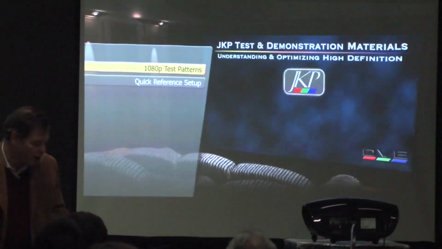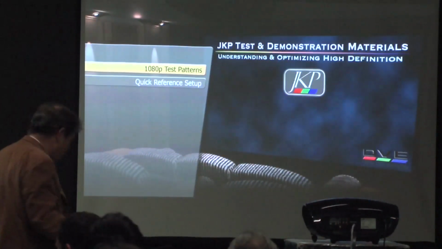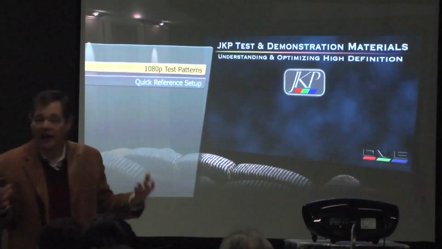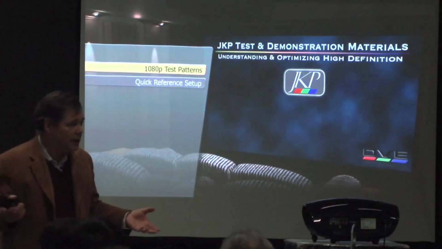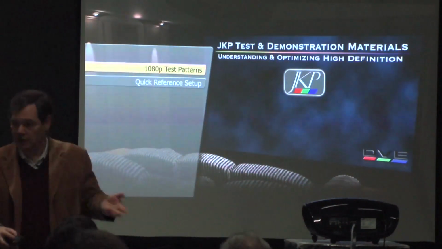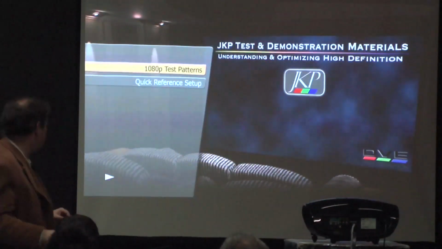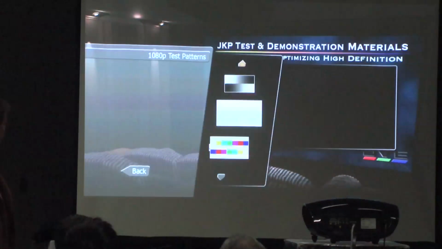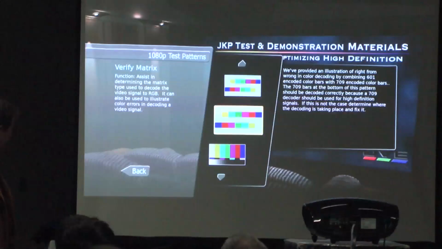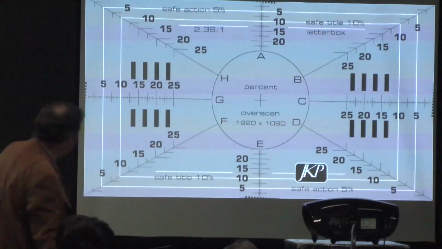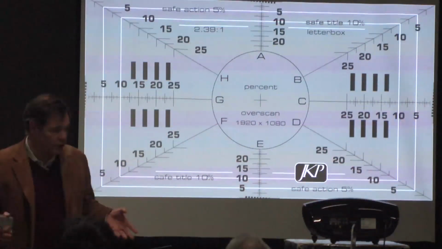I'm pulling up a disk now that has test patterns on it, and of course the issue with active versus passive is resolution. And so I want to show you a number of test patterns and what they really look like, and of course we would then go into a display and figure out, I'm going to skip all the standard stuff of the normal calibration stuff, and go directly to something that involves resolution.